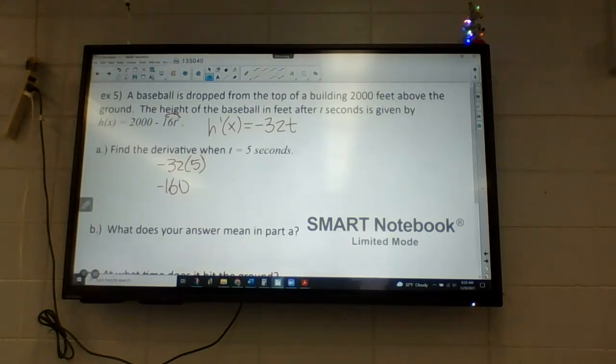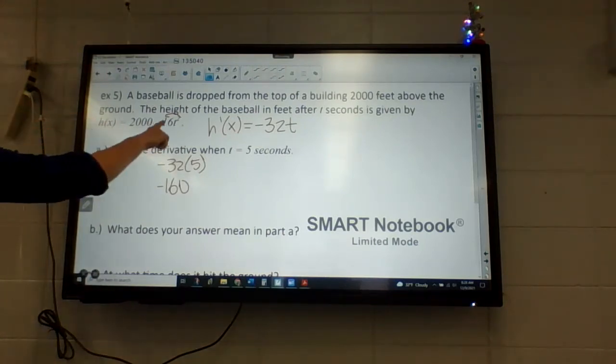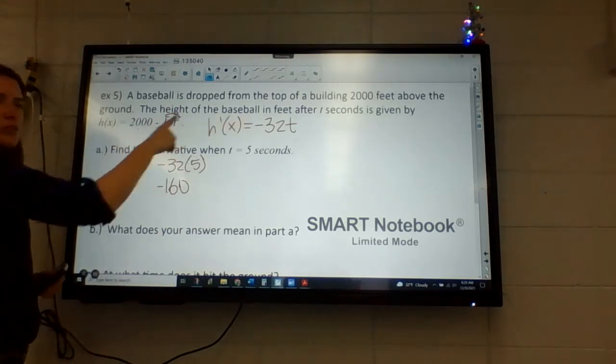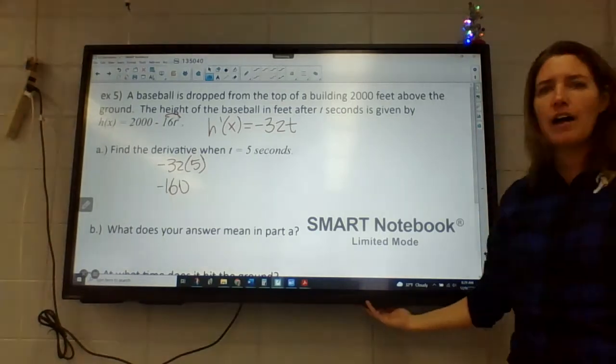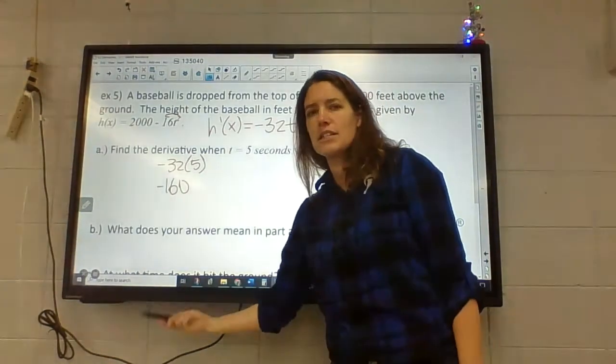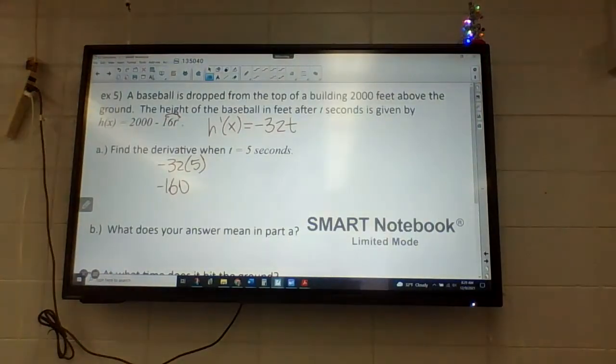Close. That would be if you just substituted 5 into this equation. But do you remember what we called it, if you flip the page over? How fast it is going. It's basically the rate of change at that point, so how fast the ball is going at 5 seconds. If we're talking about feet and seconds, the ball is traveling at a rate of -160 feet per second. Why is it negative?